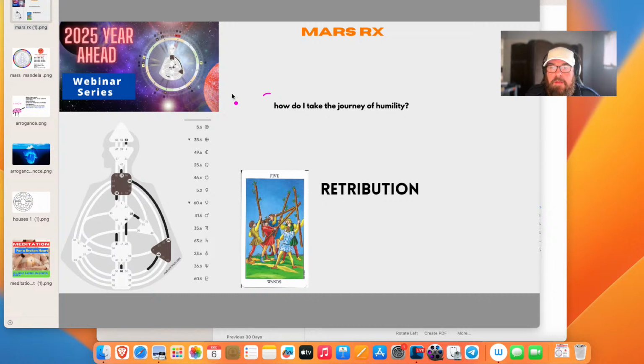So this is the transit chart in human design. And so you can see here it's in the 31.5. So we're going to talk about that.